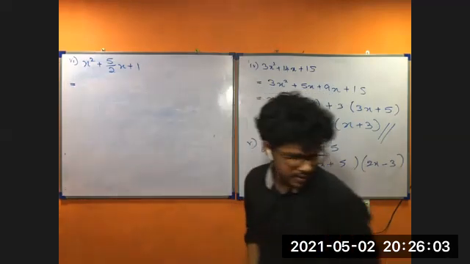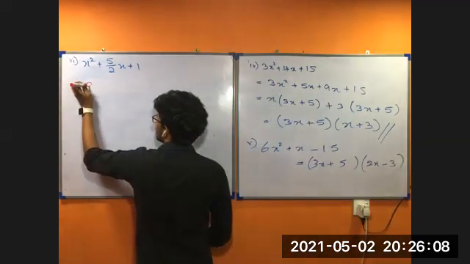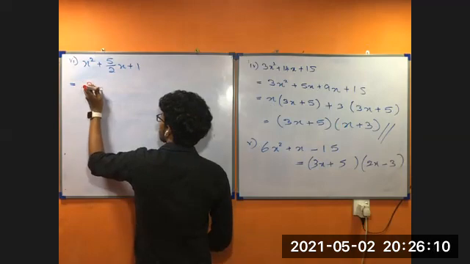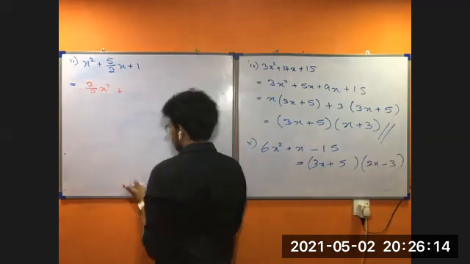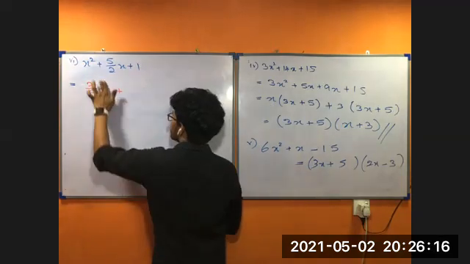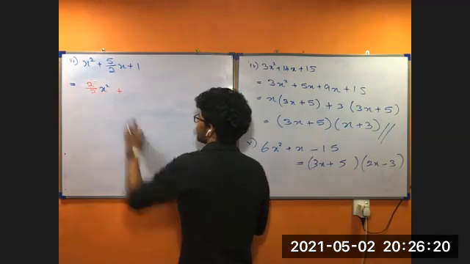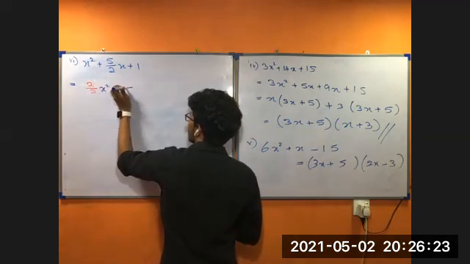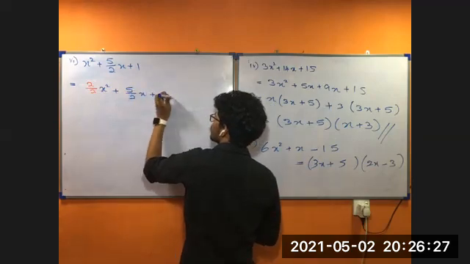Here I can write this x squared like this: 2 over 2 x squared plus, let me use the additional terms in red, x squared plus 5 over 2 x plus 2 over 2.